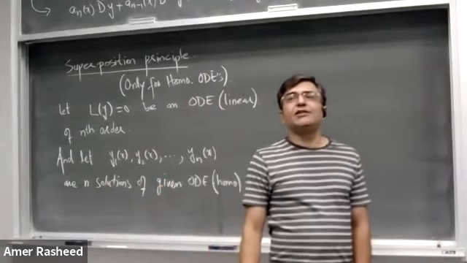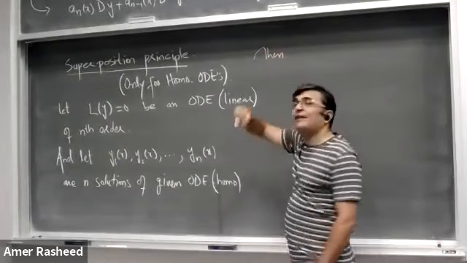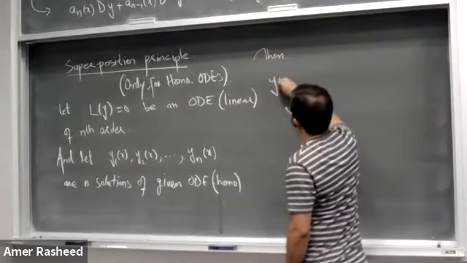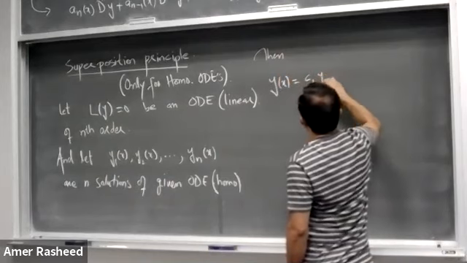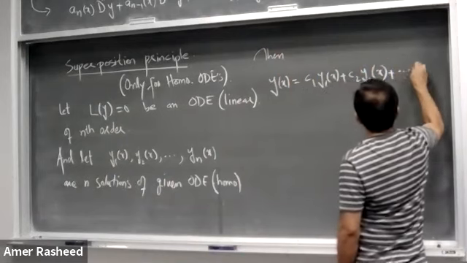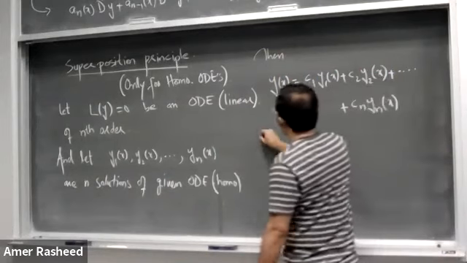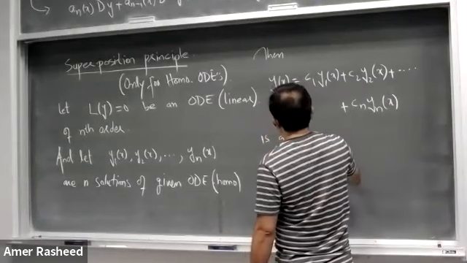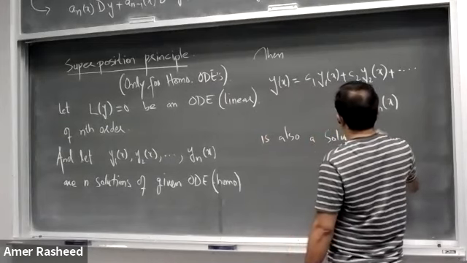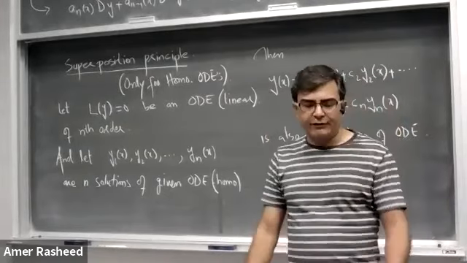if it has n solutions, then the linear combination is also a solution of the given differential equation. In general, y of x equals c1 y1 of x plus c2 y2 of x plus so on plus cn yn of x is also a solution of the same ODE which is given.